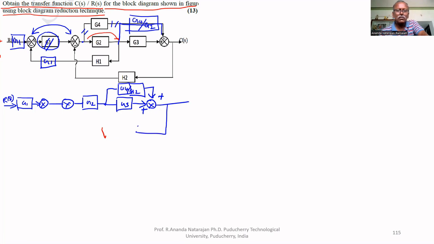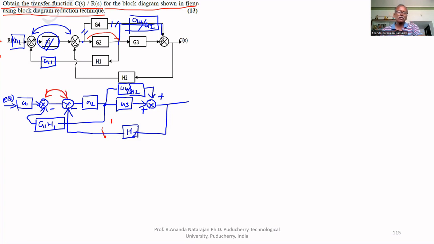Now this H2 is coming here, and this feedback G1 H1, because G1 and H1 are a product, comes here. This is negative feedback, this is also negative feedback. Now, if we interchange these two summing blocks by using the 8th rule, we can simplify that feedback as both feedbacks.